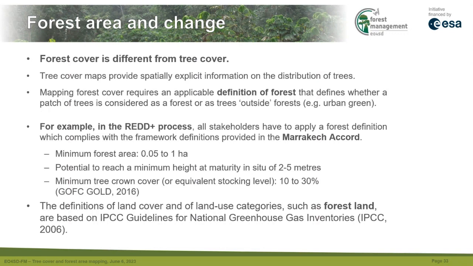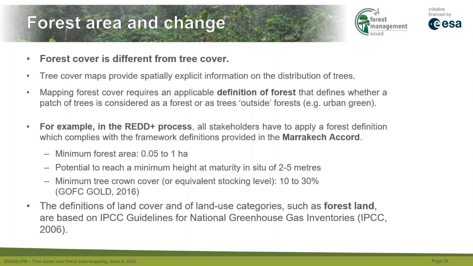So we have to know the parameters with which we define a patch of trees as a forest or as trees outside of forests, for example, in urban areas or in agricultural settings. For example, in the REDD plus process, all stakeholders apply a forest definition complying with the framework definitions provided in the Marrakesh Accord.